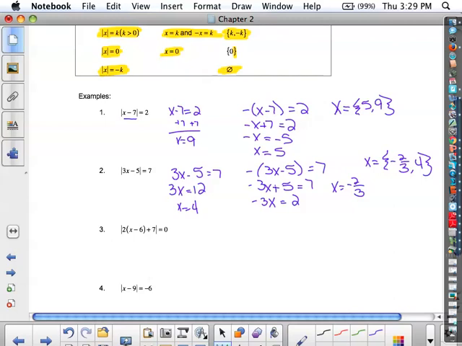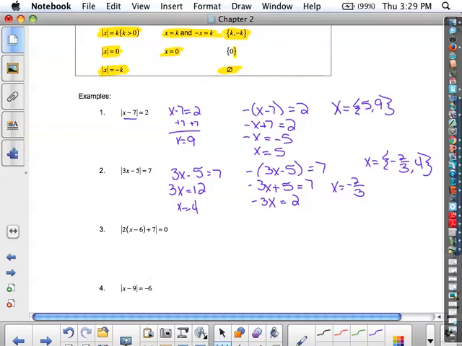Okay, so the next one adds another level of complication, because inside the absolute value you have a multiplier and then you have addition. So when you look at that, how do you handle setting that up?